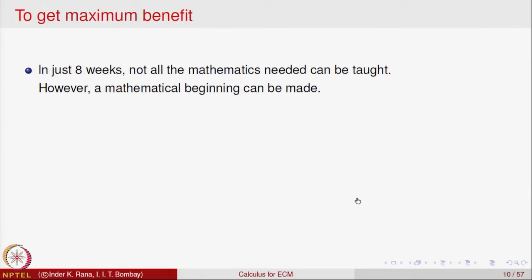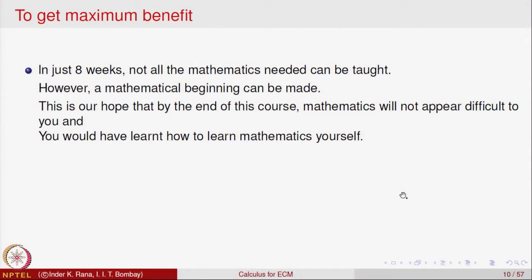So, a good mathematical beginning can be made, and that is my hope. At the end of the course, mathematics will not appear to be as difficult as you probably might have thought, and you will have learned at least how to learn mathematics yourself. So, all the best for this course.